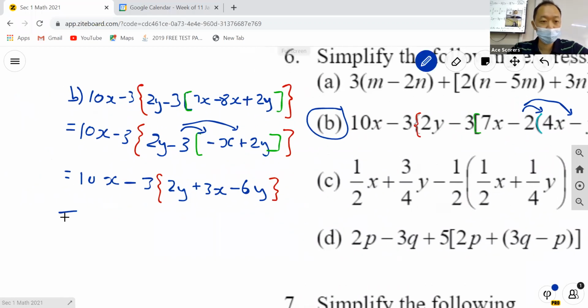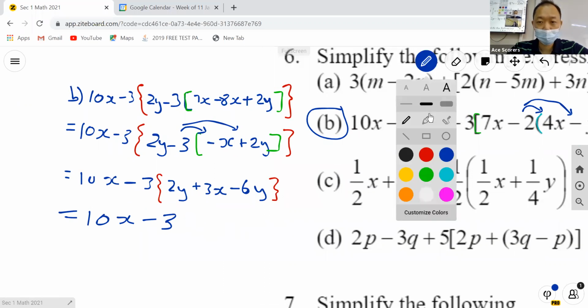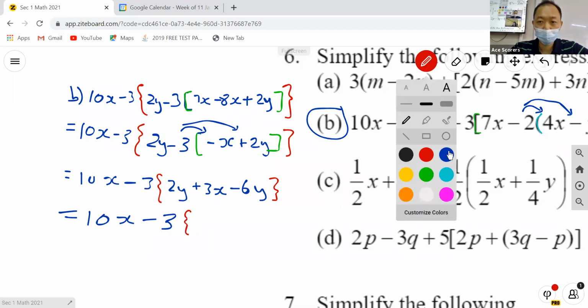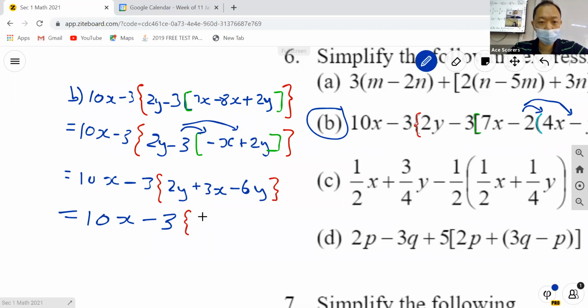Wait, let me do this. So it's quite tedious.